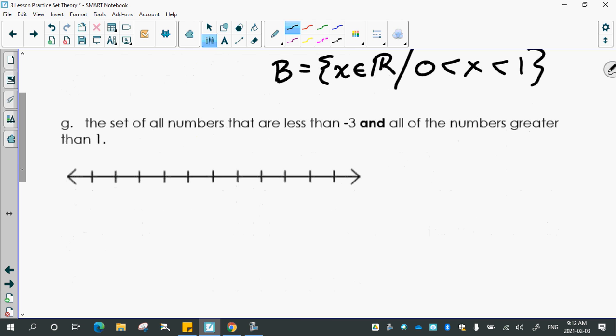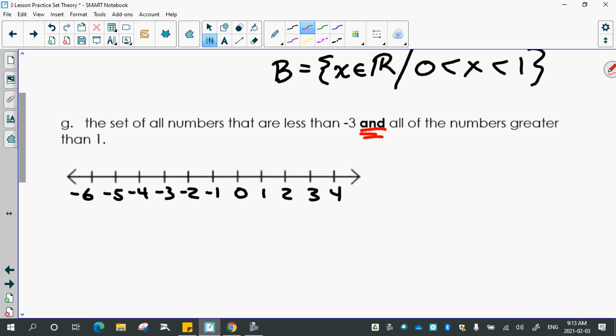Okay, the set of all numbers that are less than -3 and all of the numbers greater than 1. This one's interesting, okay. So, let's go before -3 here. The word and is underlined, so there's gotta be something a little special about this question.